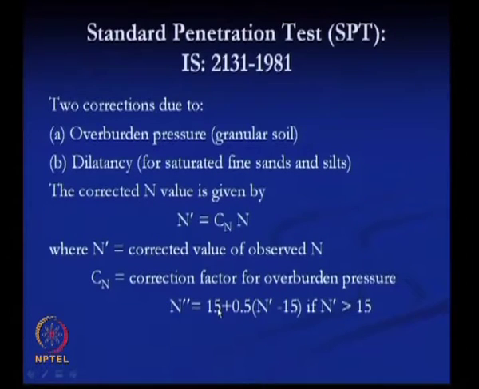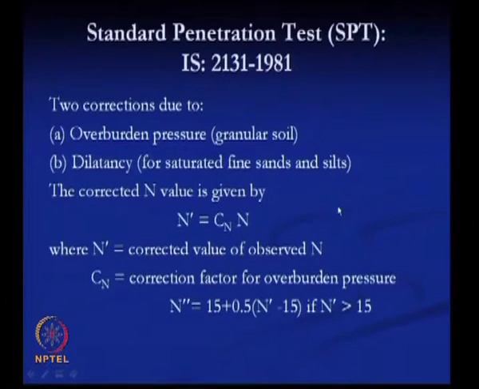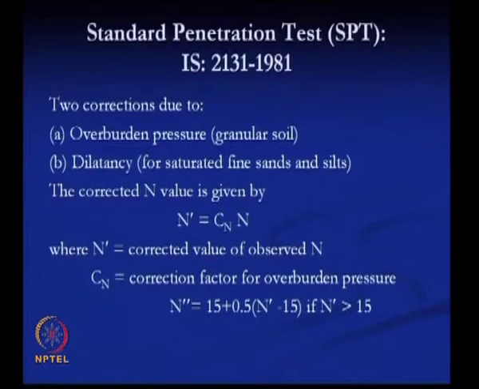This dilatancy correction is applied because if the N value is greater than 15, then the soil is basically in dense condition. Now, if the soil is saturated fine sand or silt in dense condition, then when we apply the hammer load to drive the split spoon sampler, due to this dilatancy effect, negative pore water pressure will be induced. Our effective stress is the total stress minus the pore water pressure.